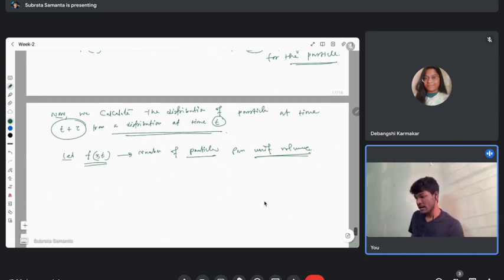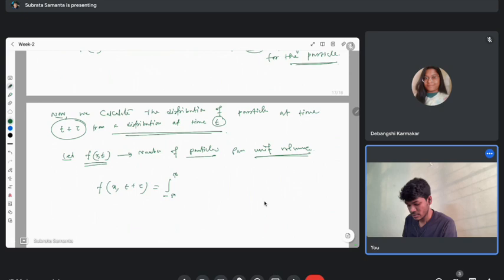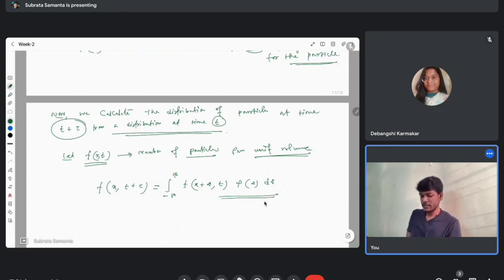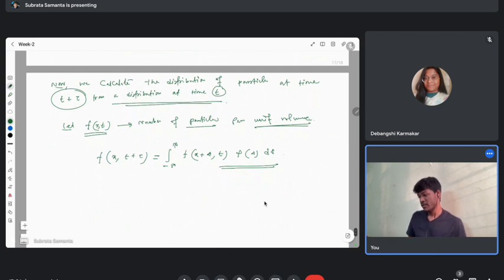So then we can write that f of x, t plus tau equals the integral from minus infinity to infinity of f of x plus delta, t, times phi of delta, t, d delta. So what do we do here?